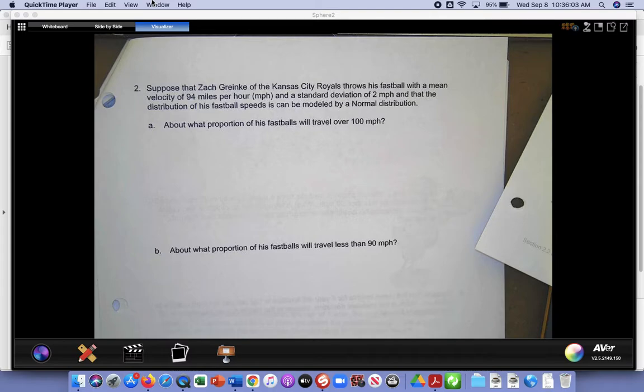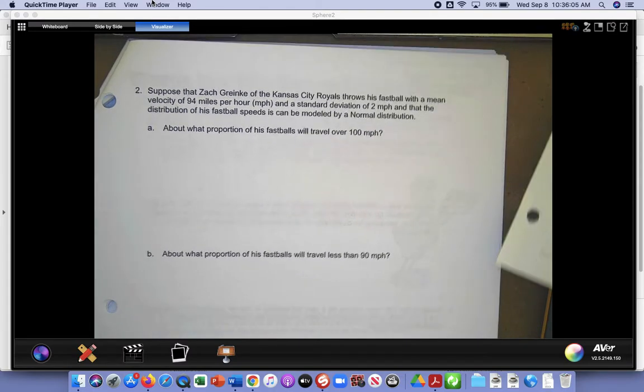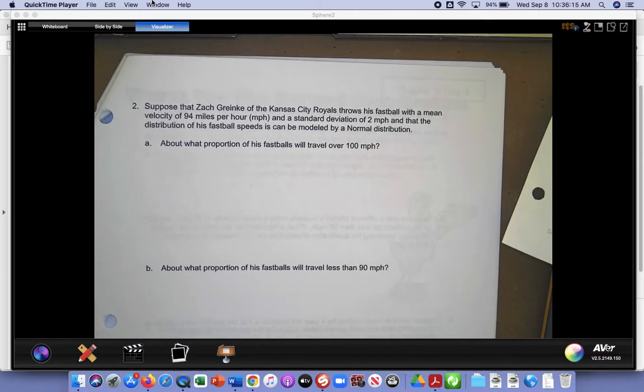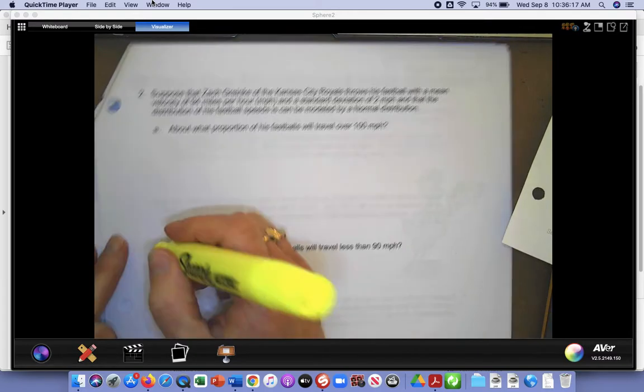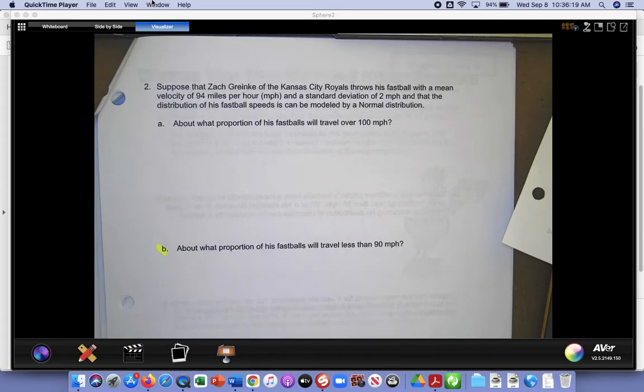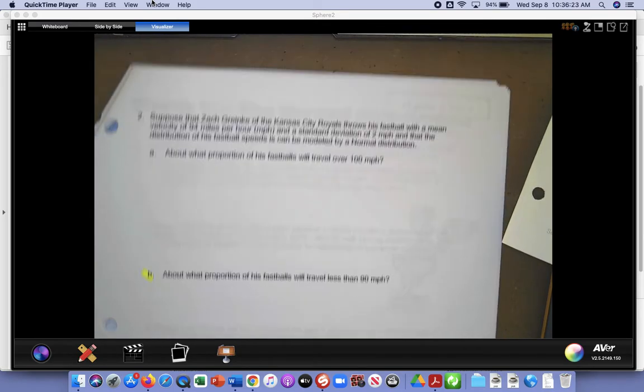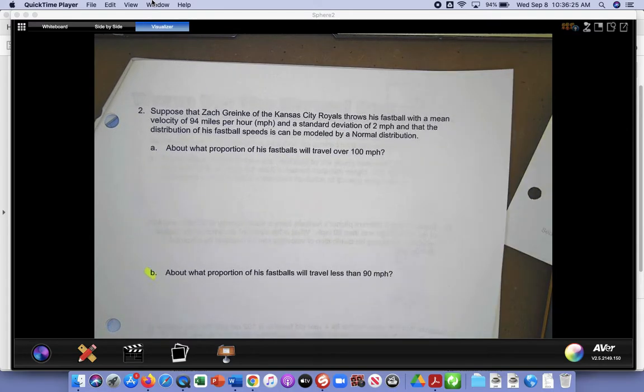If you are running short on time, I'm going to show you all the answers, but just to make sure you practice a decent number of them, you could skip A if you were short on time.